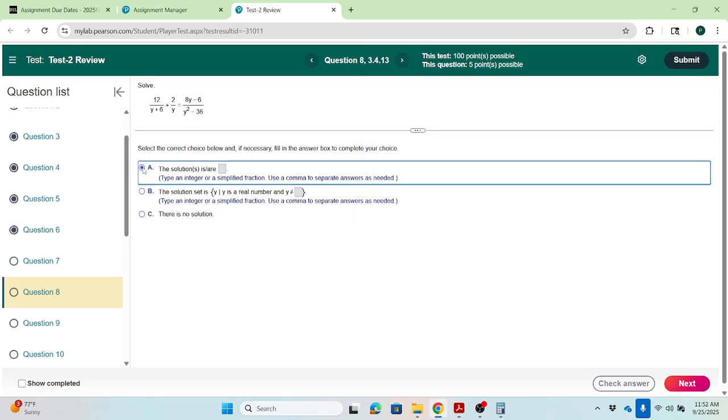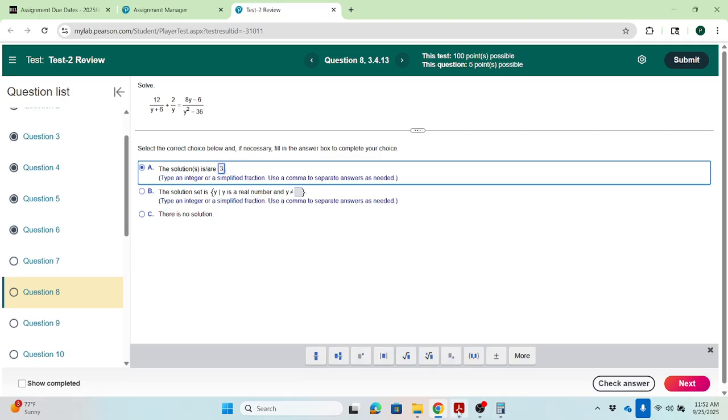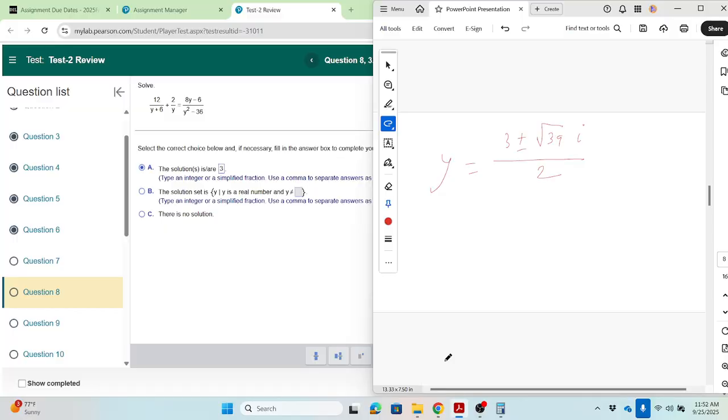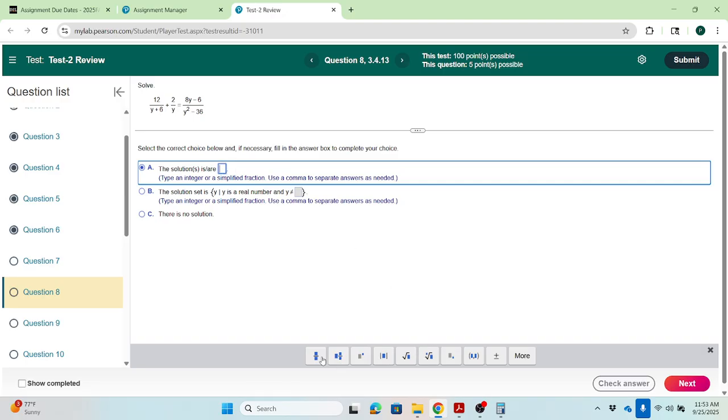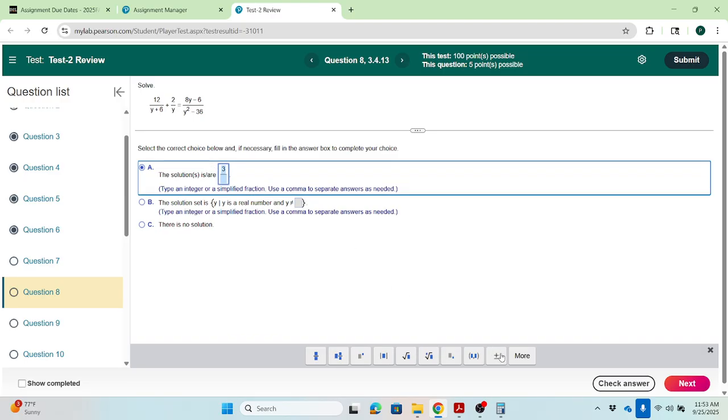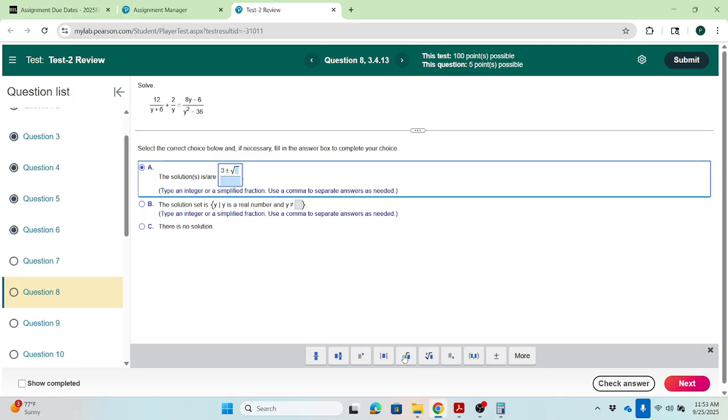So the plus one, 3 plus minus square root of 39 i divided by 2.